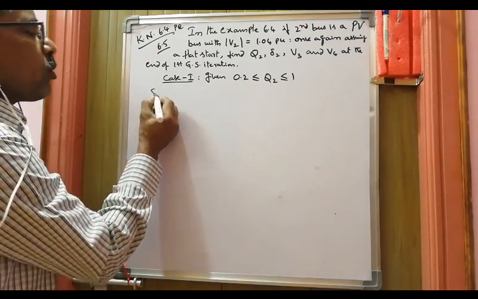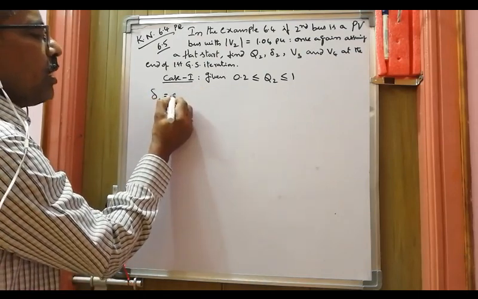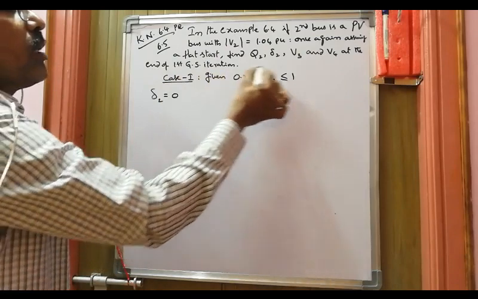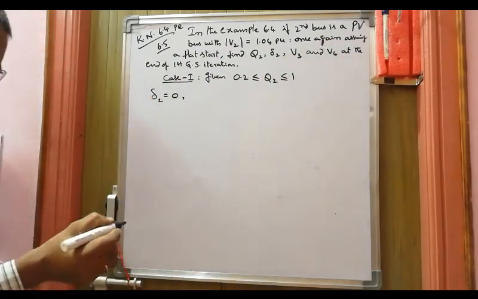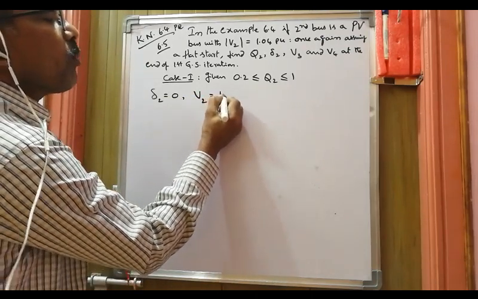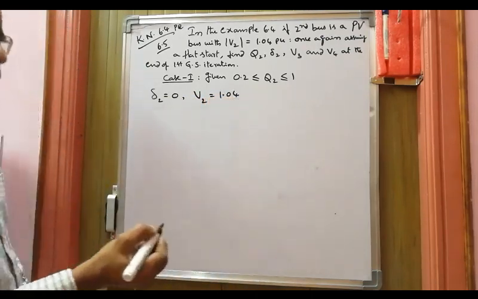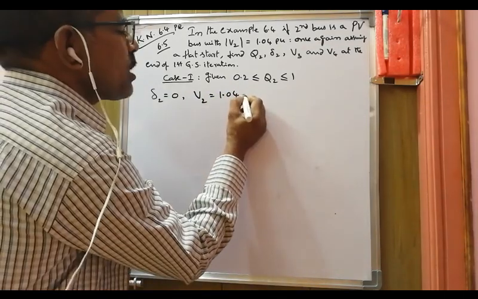Then what is delta 2 which is to be assumed? You are asked to take a flat start. So delta 2 is 0, and V2 is given as 1.04, which means 1.04 plus j0.